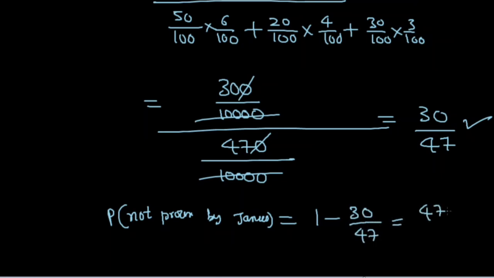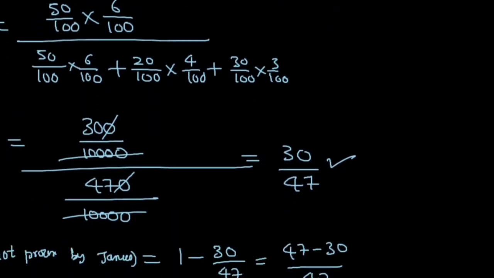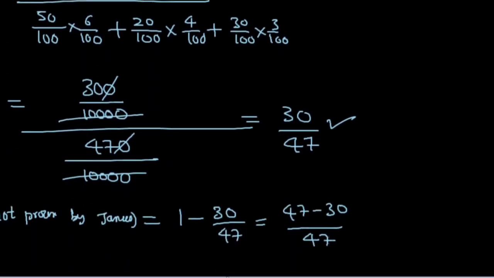So 47 minus 30 divided by 47, the result is 17 divided by 47. This is the result.